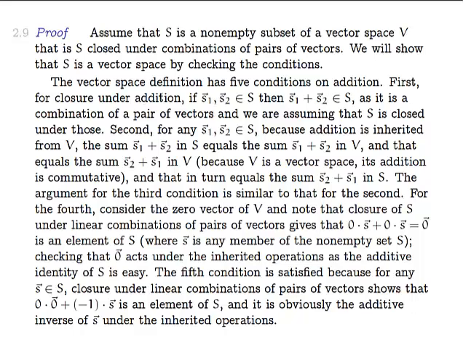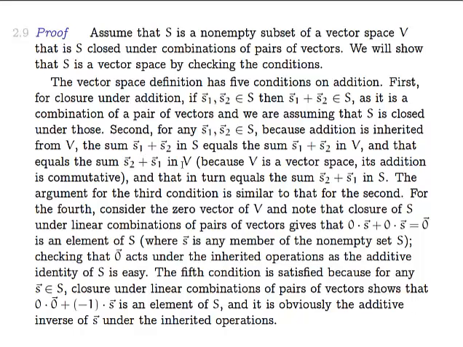First, for closure under addition, if S1 and S2 are in S, then S1 plus S2 is in S, because this is a special case of linear combination. Okay. Second, for any S1 and S2, because addition is inherited from V, the sum S1 plus S2 in S is equal to the sum S1 plus S2 in V. And that equals the sum S2 plus S1 in V.